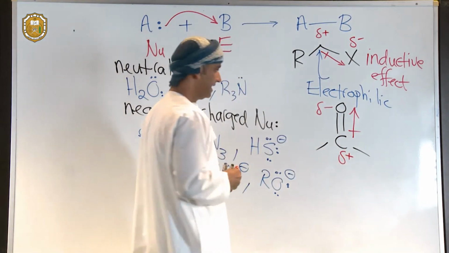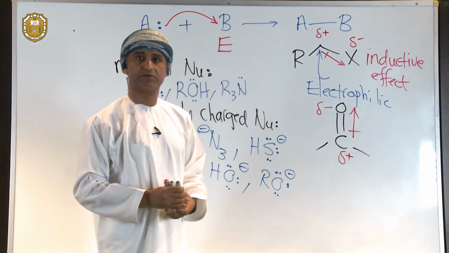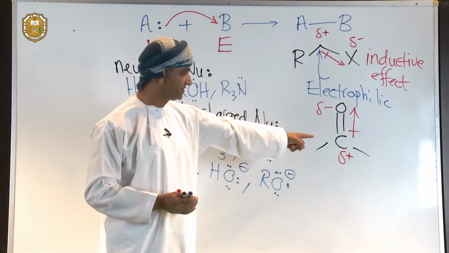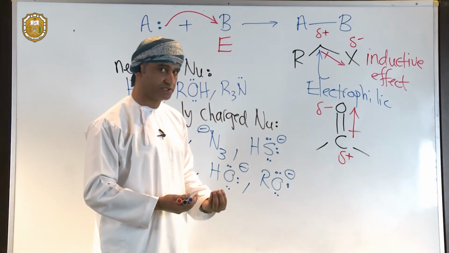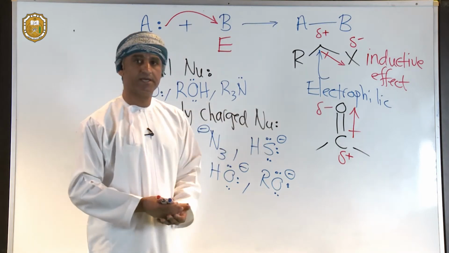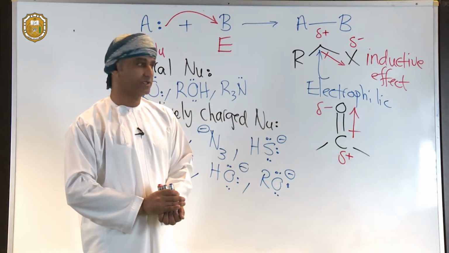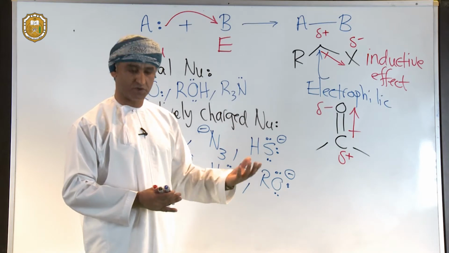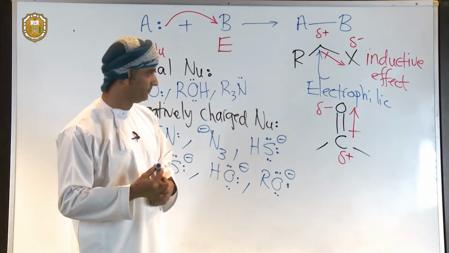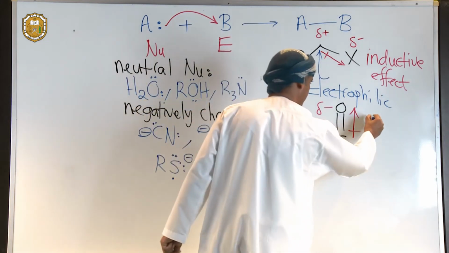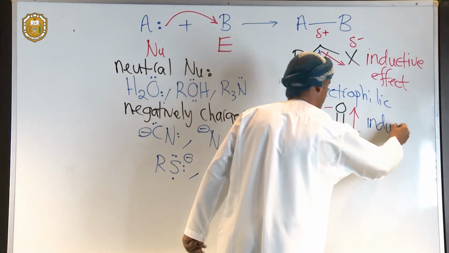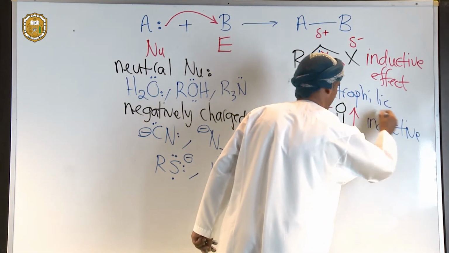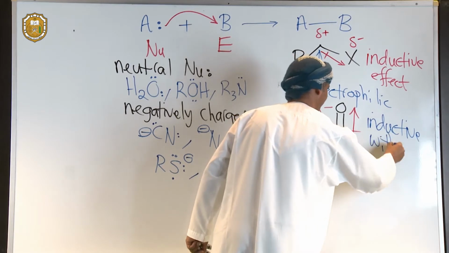Now, this unequal shift of electrons in this carbon-oxygen double bond leaves carbon with a positive partial charge and oxygen with a negative partial charge. This is also called inductive effect or inductive withdrawal. So this is inductive withdrawal also.